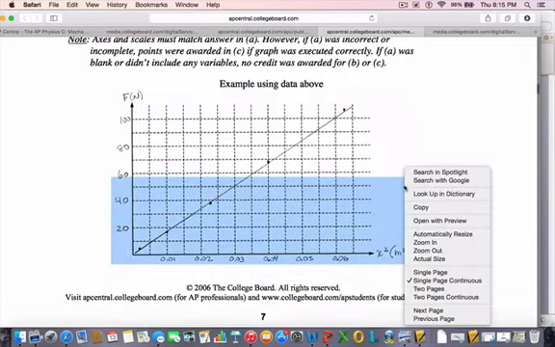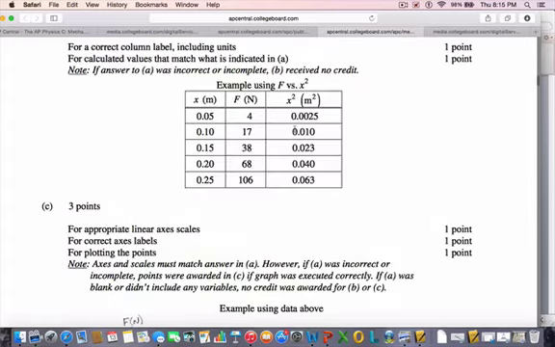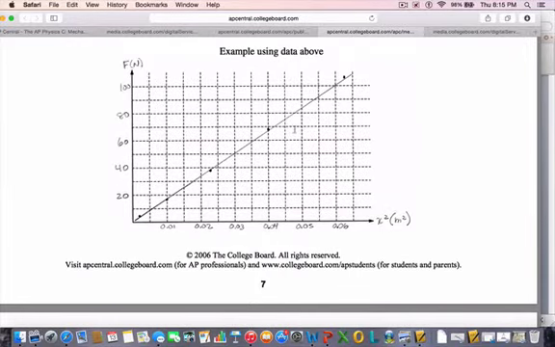Instead, you must calculate the slope of this line manually, in most cases, by choosing 2 points that are actually on the line. And since all 5 of these data points are slightly above or below the line, you could not use any of the ordered pairs up here in the table. Instead, here's what you will do to earn full credit.